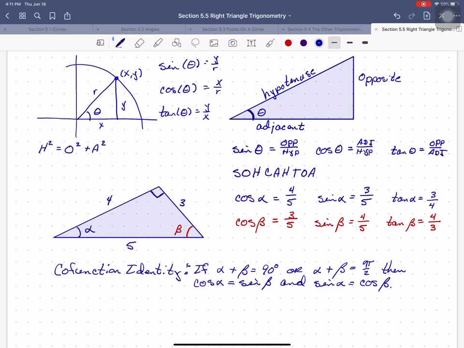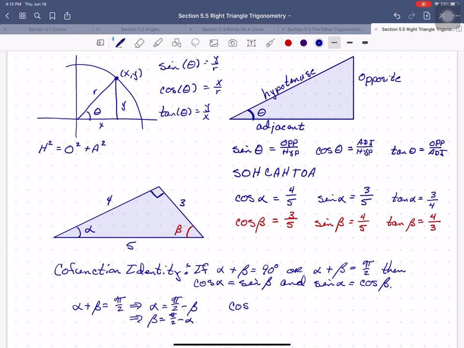Now your textbook writes this a little bit differently, and I think that your trig cheat sheet also writes this differently. So here's what I want you to think about. If alpha plus beta equals pi over 2, that means that alpha equals pi over 2 minus beta, and we could also write that beta equals pi over 2 minus alpha.